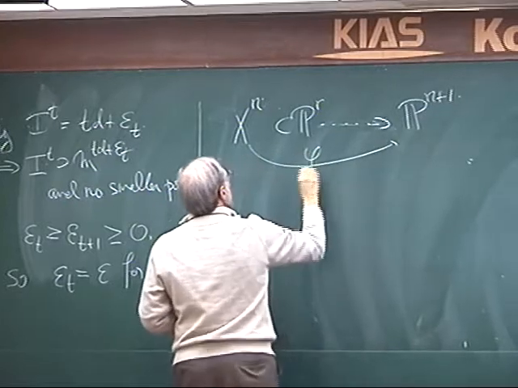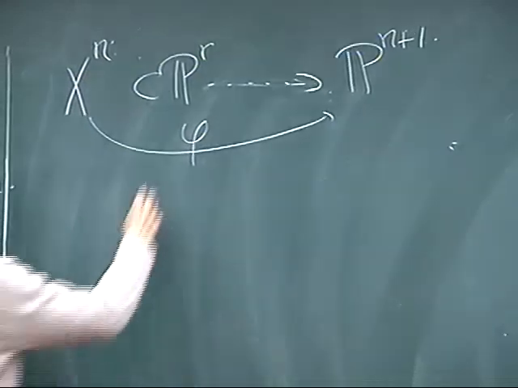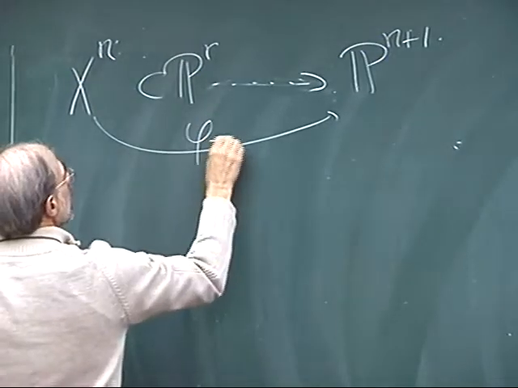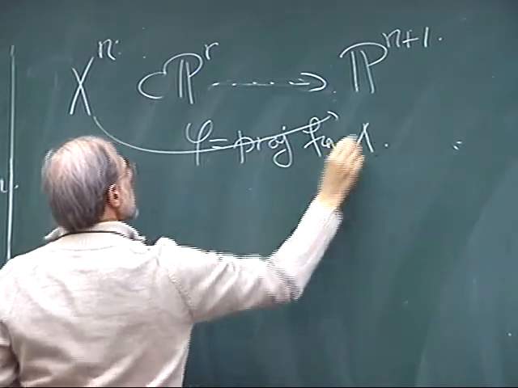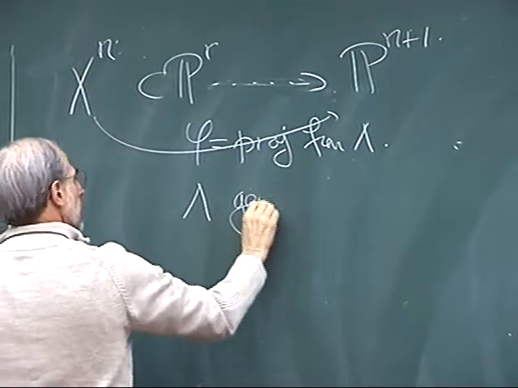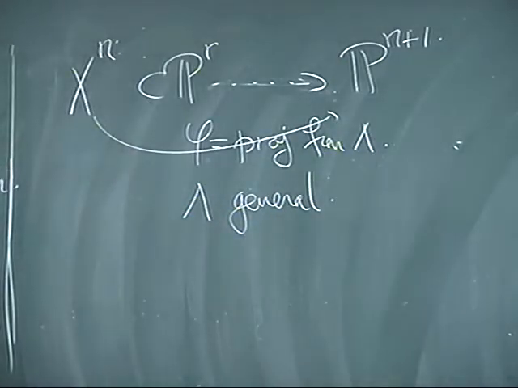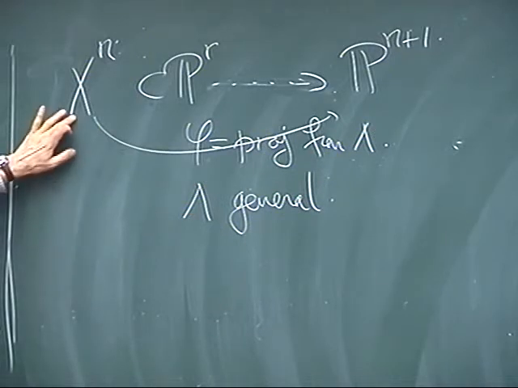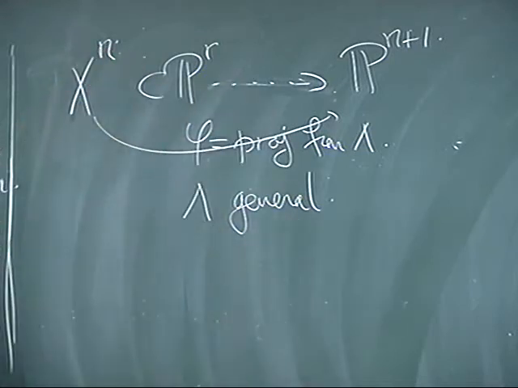So here's the map phi. And if I project from a general center, phi is projection from lambda, let's say, lambda general of whatever the correct dimension is, then this will be a well-defined morphism. It will be finite, and I'm very interested, in fact, in the regularities of the fibers of that morphism.